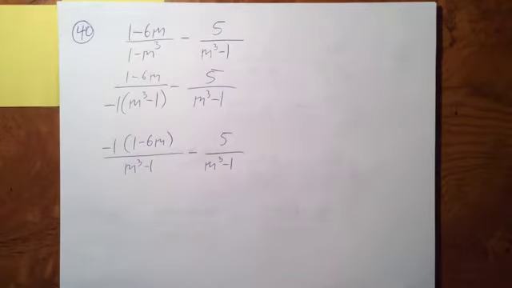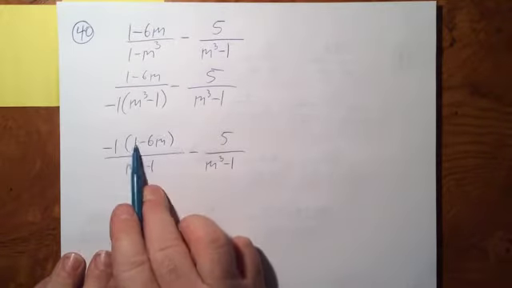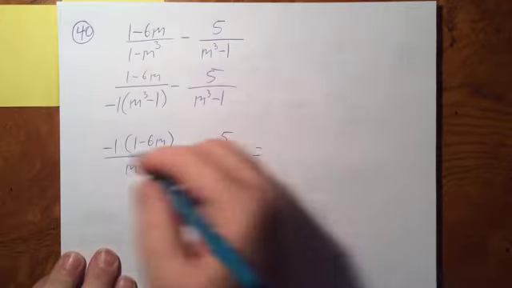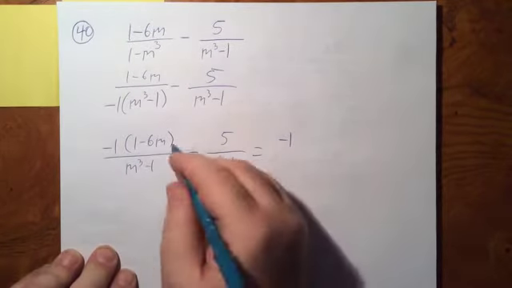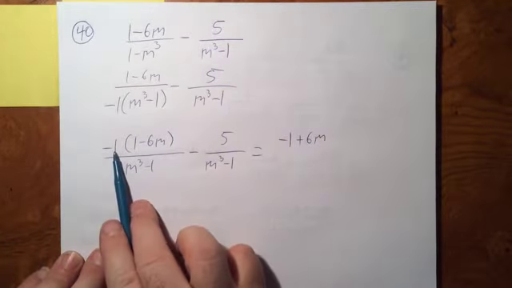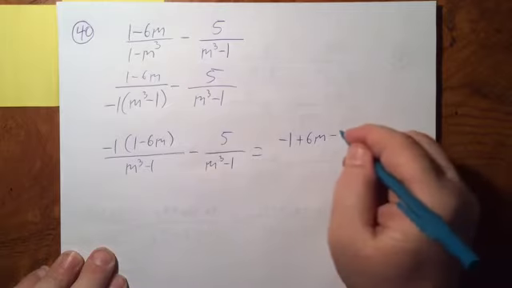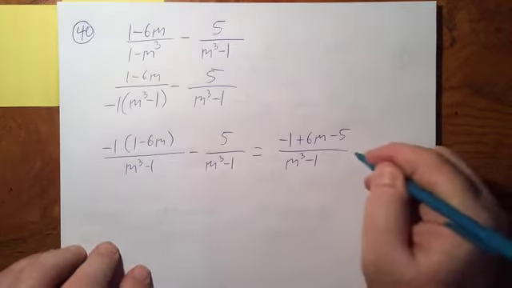We don't even have to worry about multiplying these fractions out. The only thing we have to do now is properly distribute this. Negative 1 times 1 is negative 1. Negative 1 times negative 6m will be plus 6m. Here we'll have minus 5. That's going to be over m to the third minus 1.